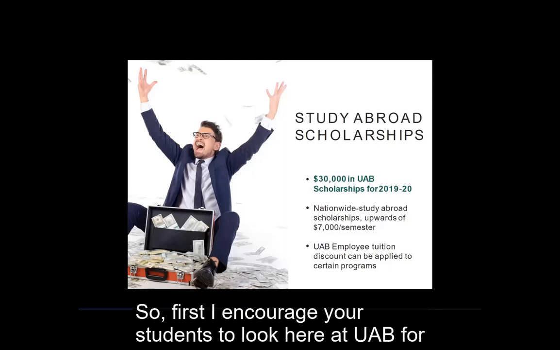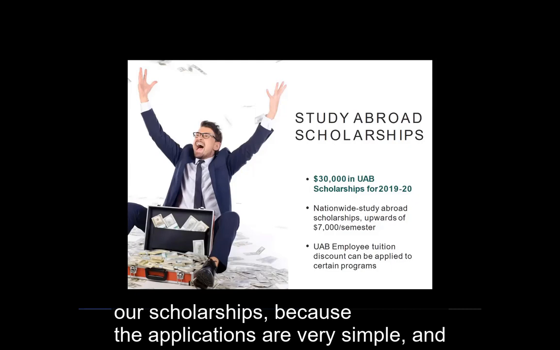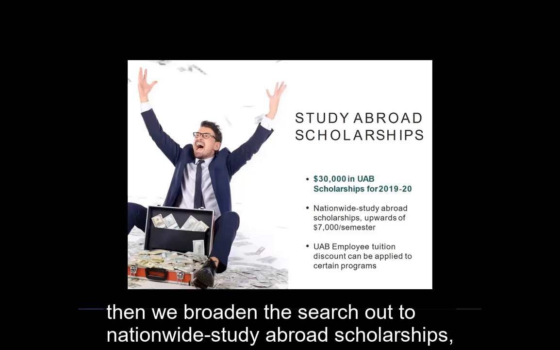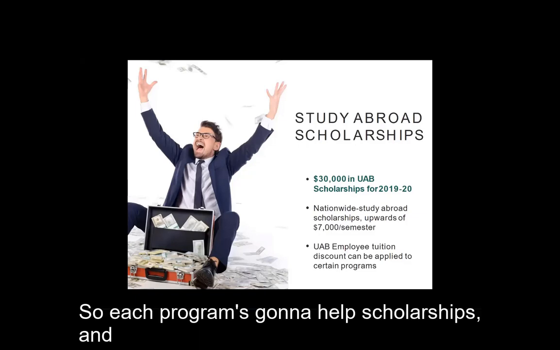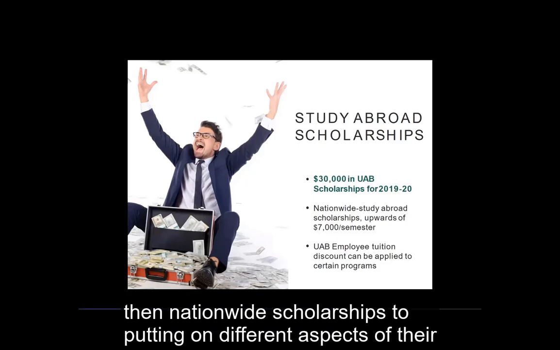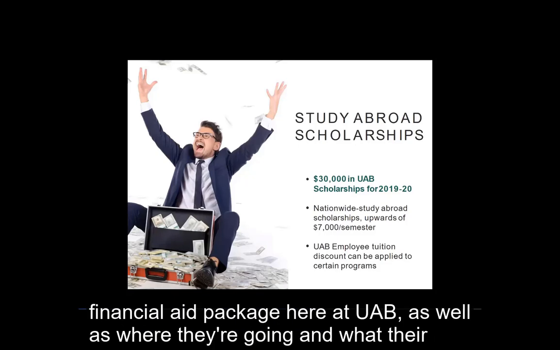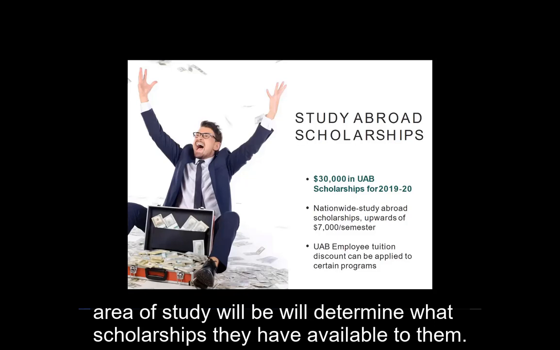So first, I encourage your students to look here at UAB for our scholarships because the applications are very simple. And then we broaden the search out to nationwide study abroad scholarships and then program-specific scholarships. So each program is going to have scholarships and then nationwide scholarships depending on different aspects of their financial aid package here at UAB, as well as where they're going and what their area of study will determine what scholarships they have available to them.